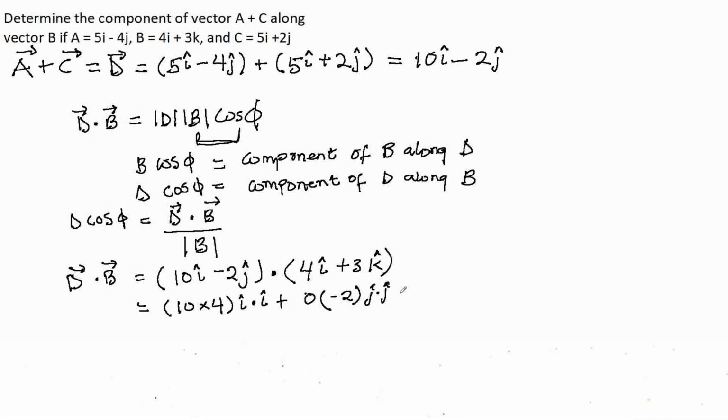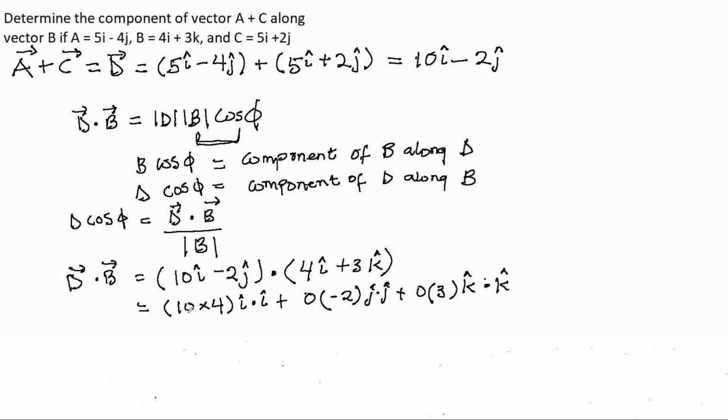Finally, there is no k component in D, so we have 0 multiplying 3, and k dot k.